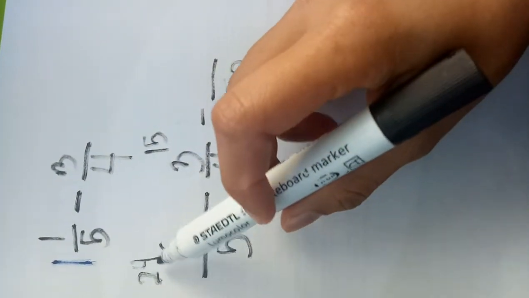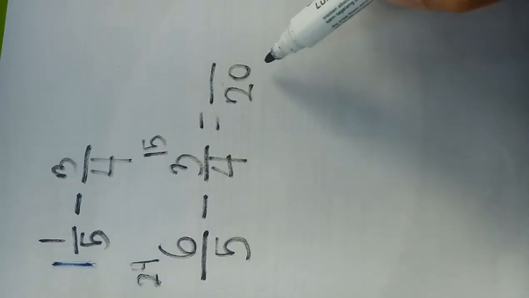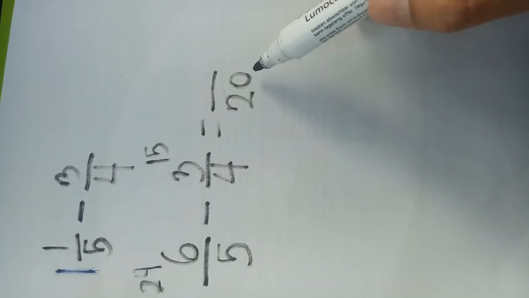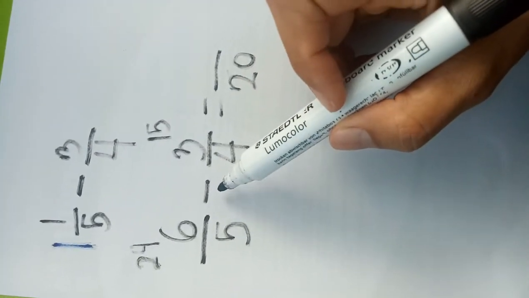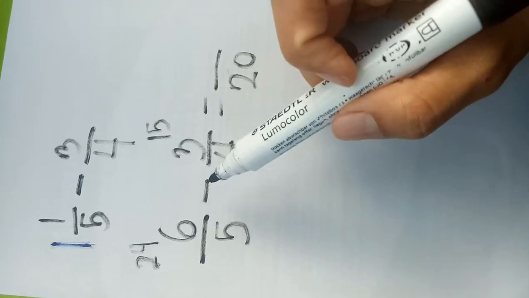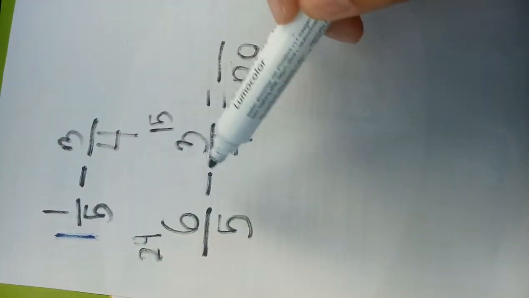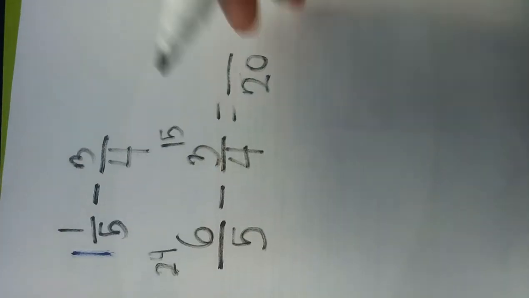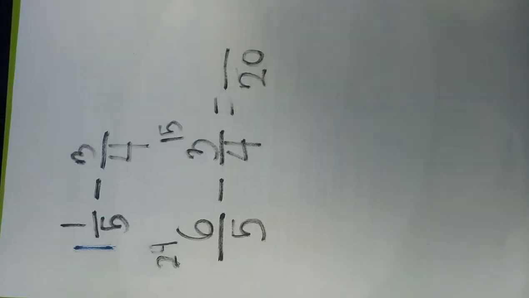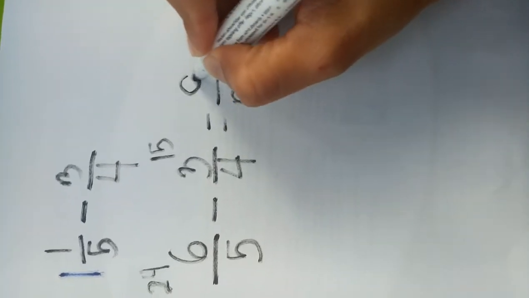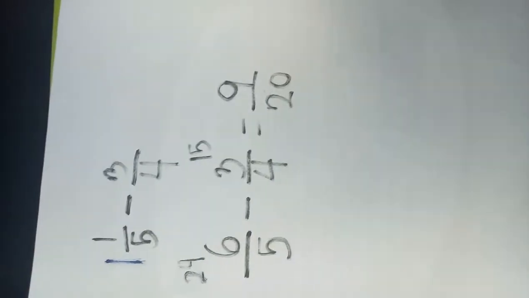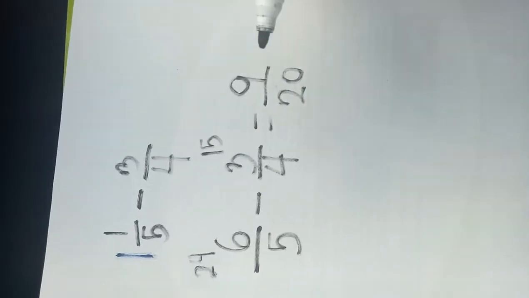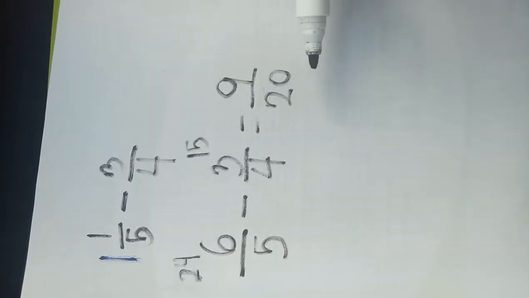And then since we have 24 and 15 there, and we already have our denominator, we always check the sign. We are just going to subtract it. So 24 minus 15, we have 9. I'm going to write 9 here. Now we have the answer 9 over 20, or 9/20.